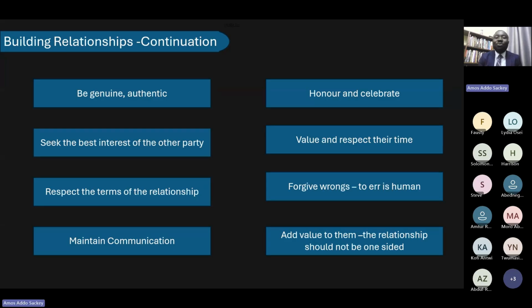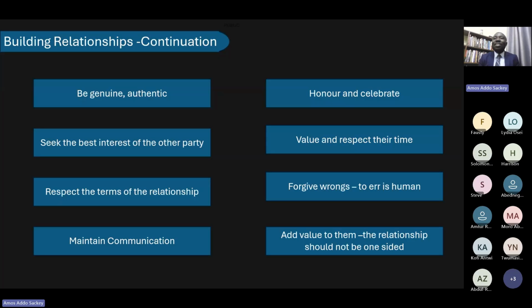They say you can fool some people all the time and other people sometimes, but not all the people all the time. You can't just be taking advantage of people. It's not right. It affects you also. Now, in the course of the relationship, whichever relationship it is, seek the best interest of the other party.